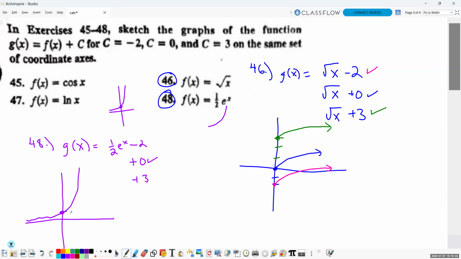I'm going to take that point and move it up 1, 2, 3. And now the asymptote here is going to be at 2. Here it was at 0. Check. Now we're going to take this point and move it down 1, 2. And the asymptote, instead of being at 0, is going to be at -2.